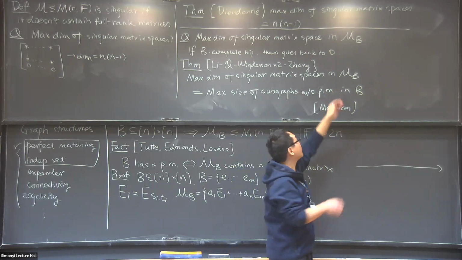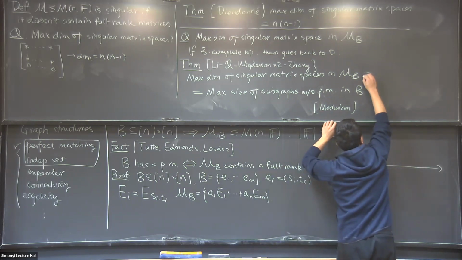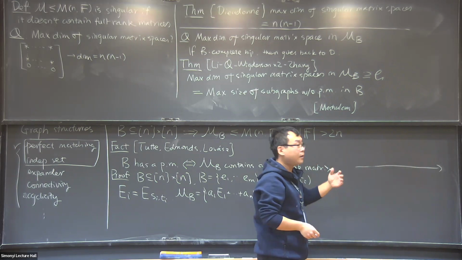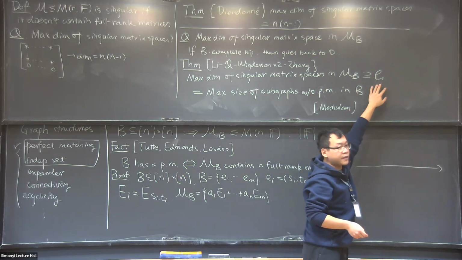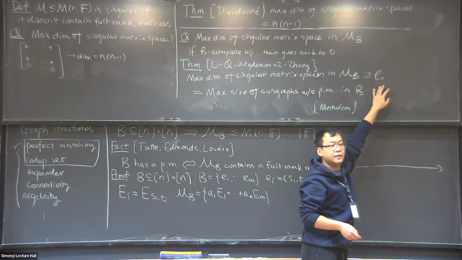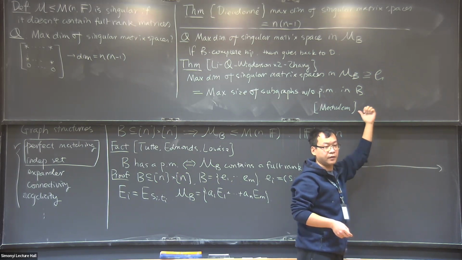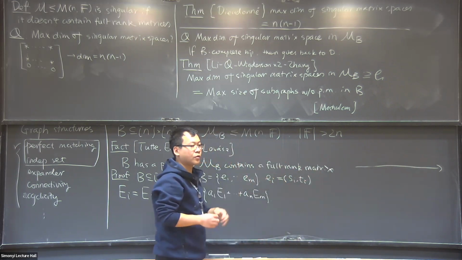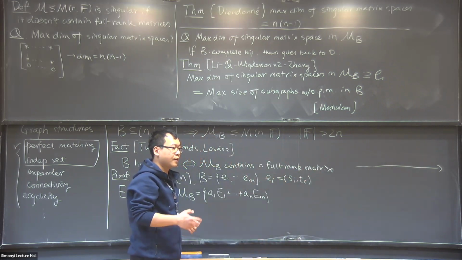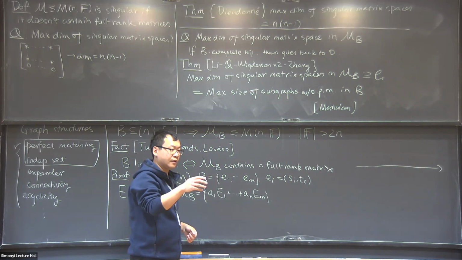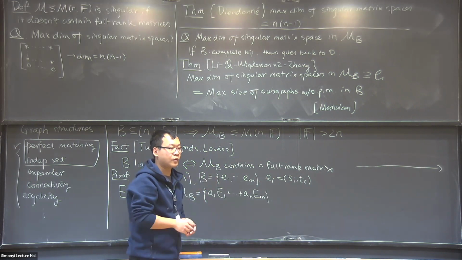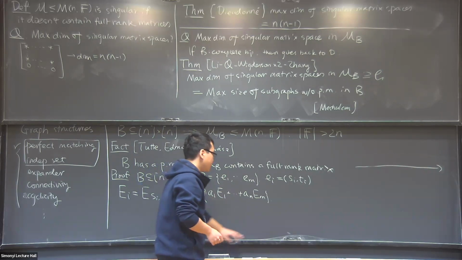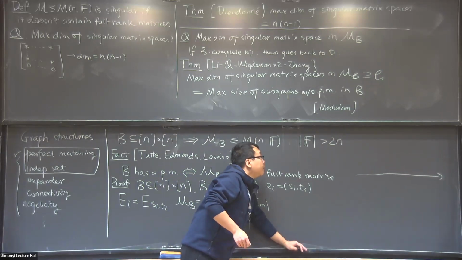Suppose you have some singular matrix space C, which may not be spanned by rank 1 matrices, then you can choose a clever basis of C, and from that basis you can recover this graph. That's what Meshulam did. And this basically also corresponds to something like the minimum number of rows and columns needed to cover the non-zero entries of a matrix space, and so on.